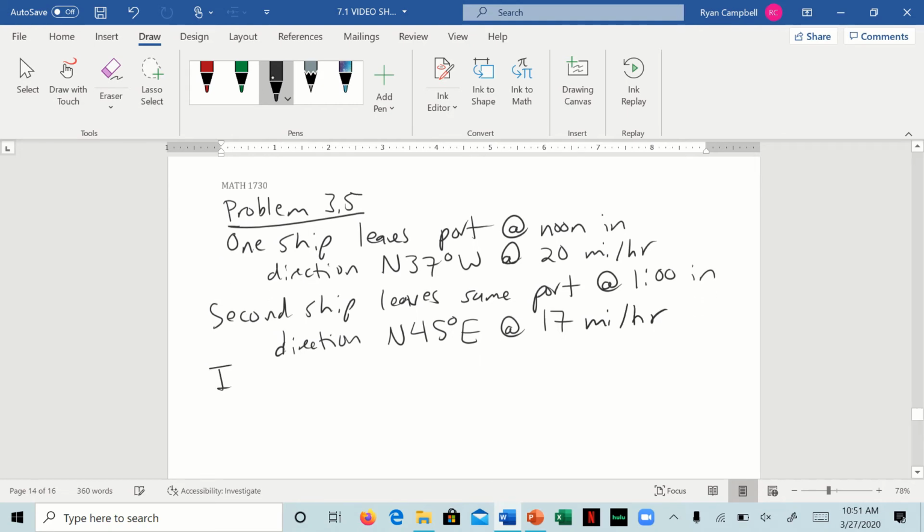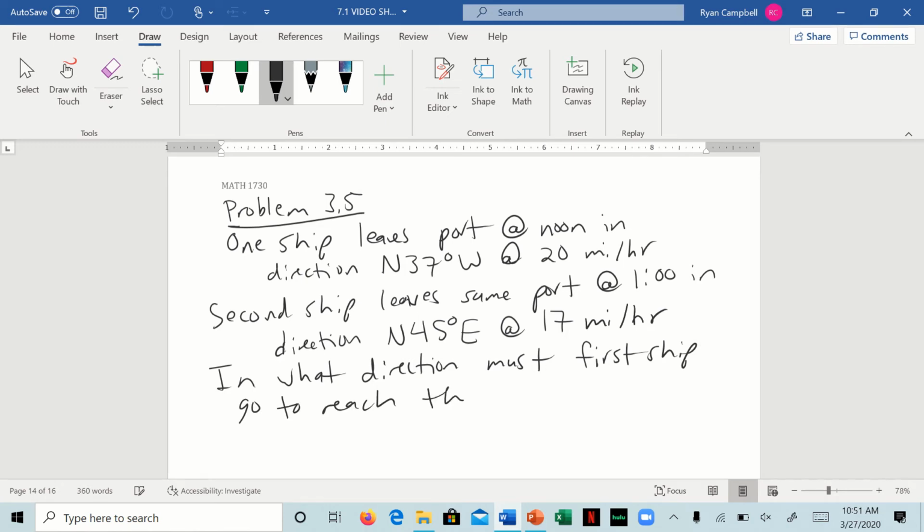So in what direction must the first ship go to reach the second? Starting at 5 o'clock.